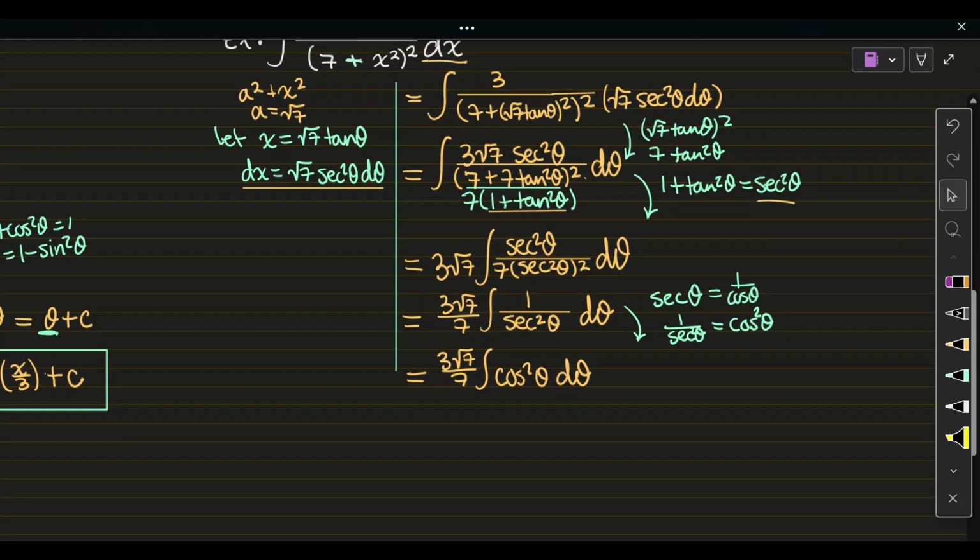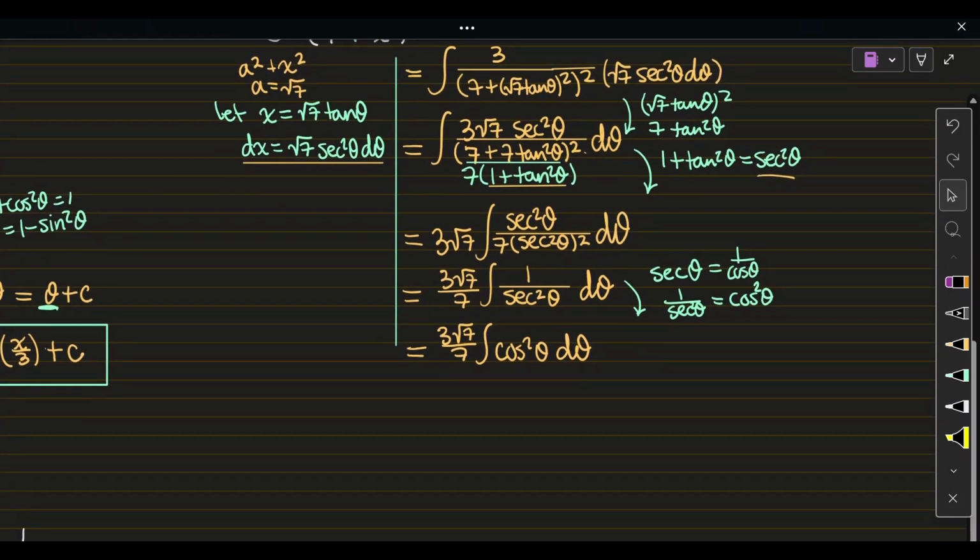Okay, so now we have cosine squared theta d theta. To compute this integral, I'm going to use the identity that cosine squared theta is equal to (1 plus cosine of 2 theta) over 2.